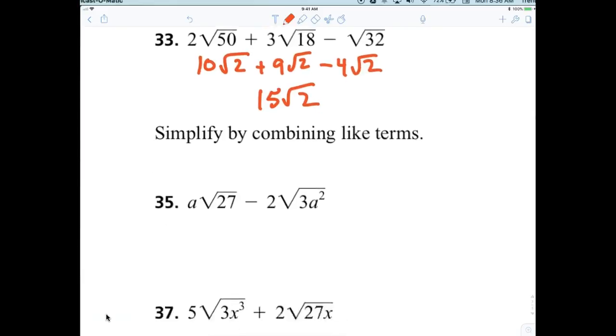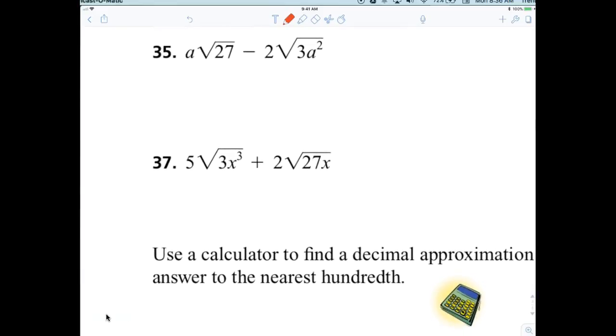All right, so same principle here. Square root of 27 is just what? 3 radical 3. So, yeah, not difficult. 3a radical 3. Now, the square root of a squared can come out as what? a.